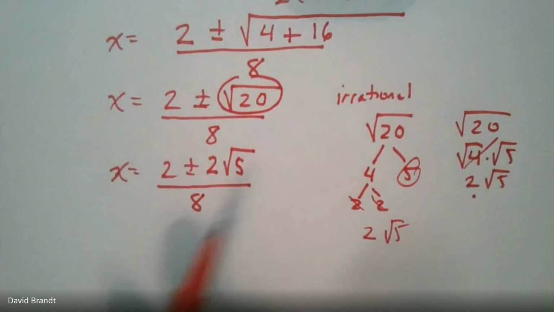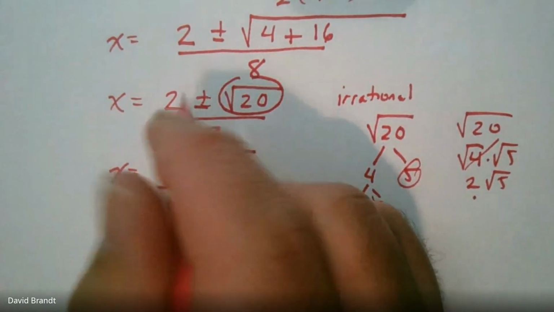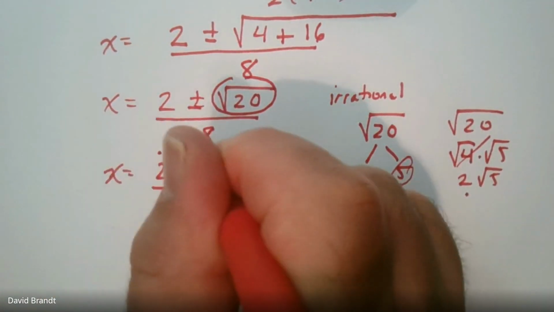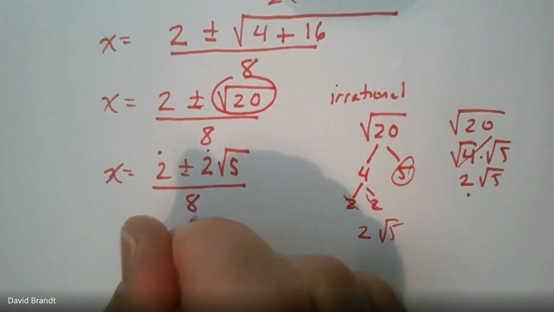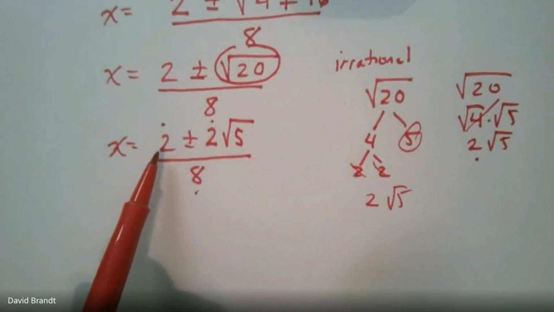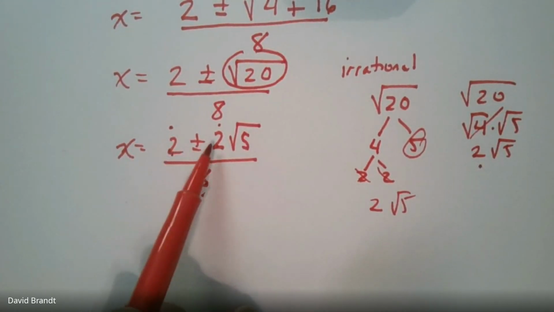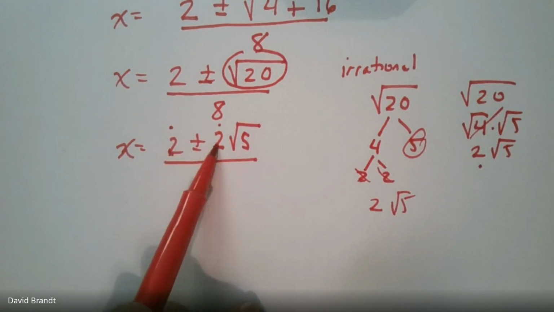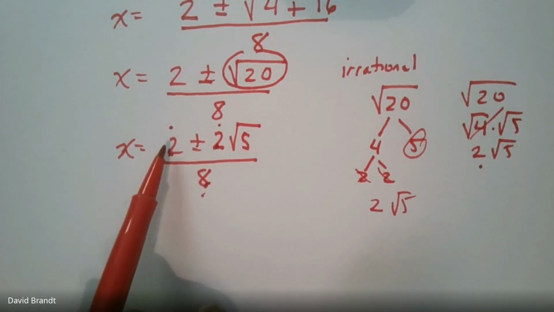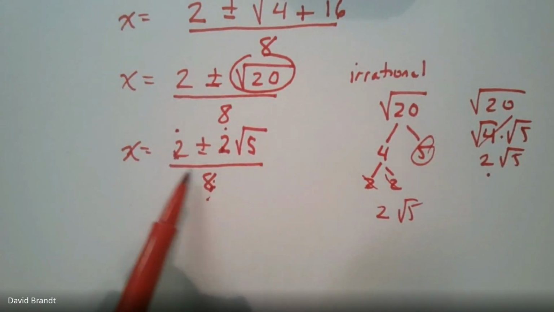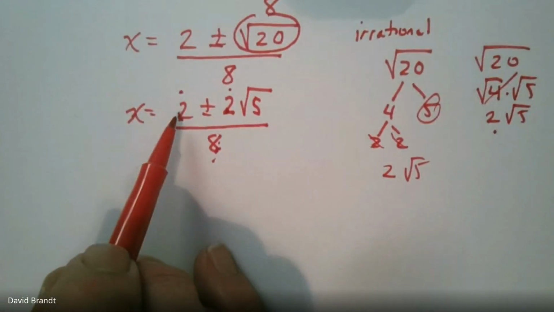Now, this can be reduced again. I'm going to put dots here, here, and here, not the 5. If you can reduce 2, 2, and 8, all three, by the same number, you can reduce it. But if even one of them can't be reduced, you don't. All right, so let's see.